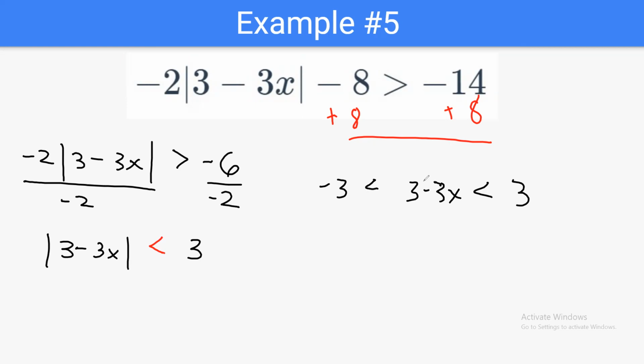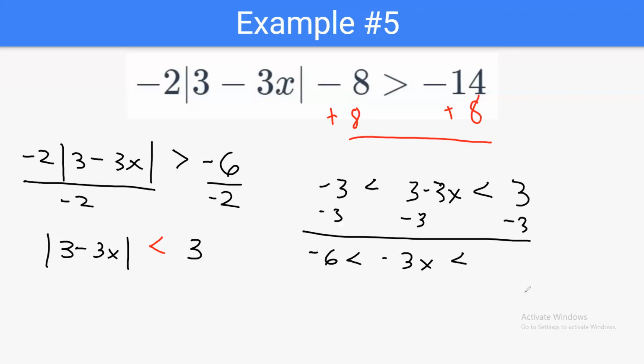Subtract 3 on all 3 sides. Negative 6 is less than negative 3x, which is less than negative 1. Divide by negative 3, divide by negative 3, divide by negative 3. 2. Wait.